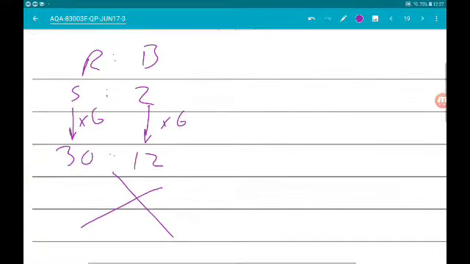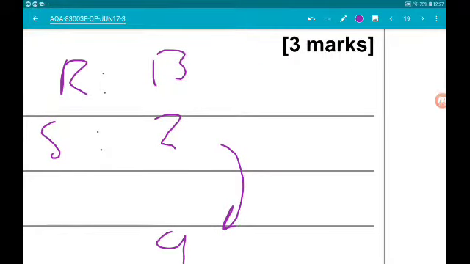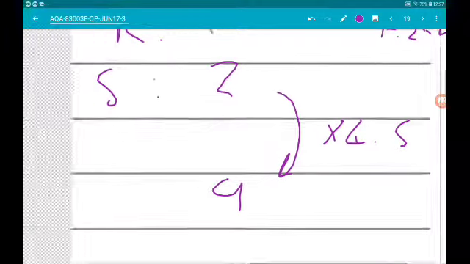What that does tell us though is that we are going to be able to use all of the blue paint. So how do we turn 2 into 9? Well, 9 divided by 2 is 4.5. So we times 2 by 4.5 to get 9.